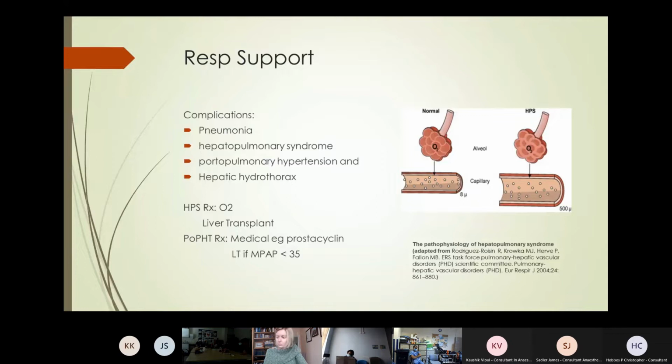Portopulmonary hypertension usually has a poor outcome, and it's one of the contraindications to liver transplant. For patients who have a mean pulmonary arterial pressure of more than 35, the plan will be to try and reduce it, and if the pressures remain that high, they're usually not taken for liver transplant.